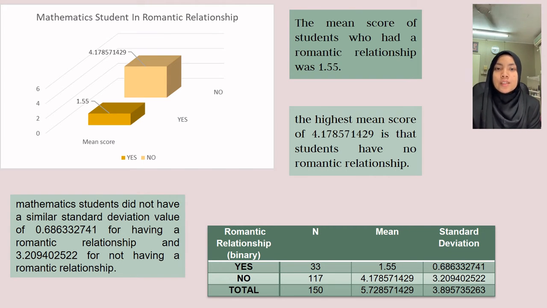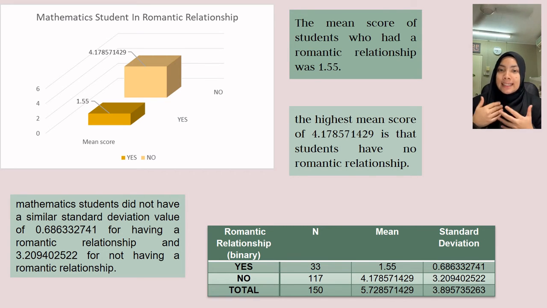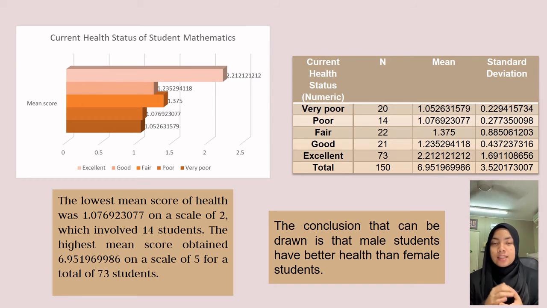The standard deviation values were 0.86332741 for having a romantic relationship and 3.209402522 for not having a romantic relationship. So what we can conclude is that most mathematics students are more interested in concentrating on learning than having a romantic relationship.